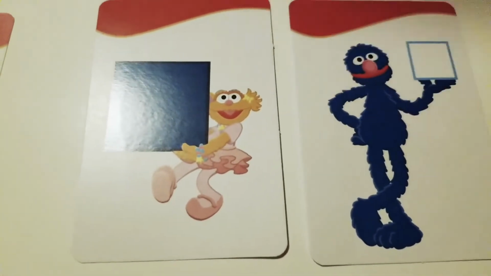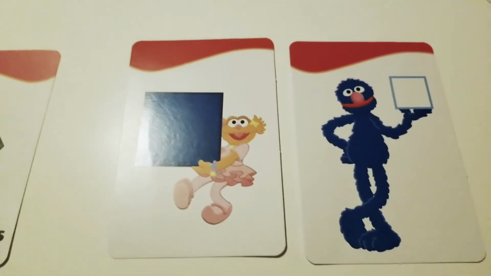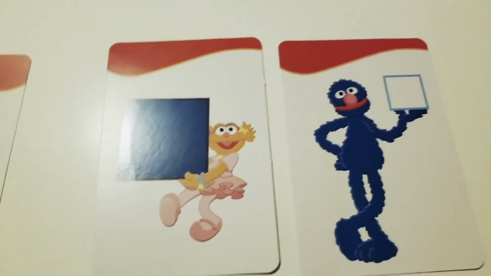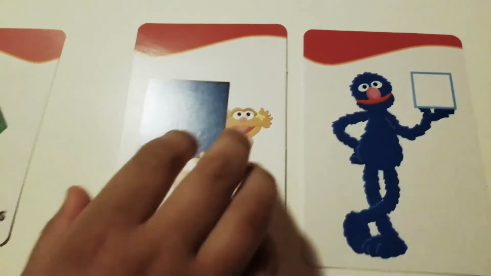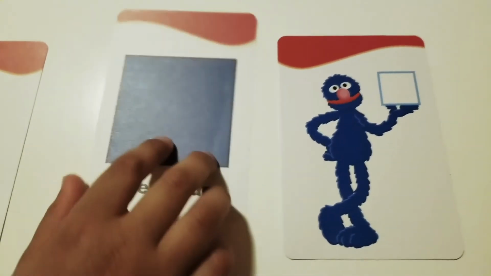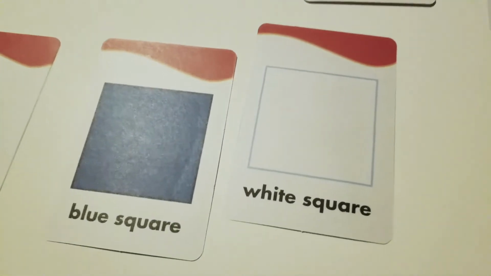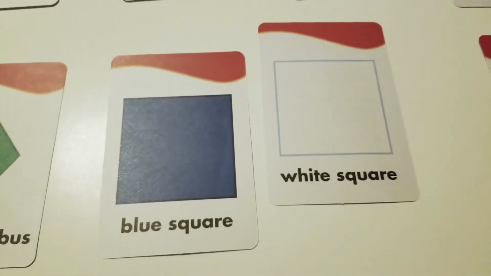I know this shape. It's the shape of the bread I eat in the mornings. What shape is that, friends? It's a blue square. Blue in Hindi is neela. And that's a white square. White in Hindi is safed.